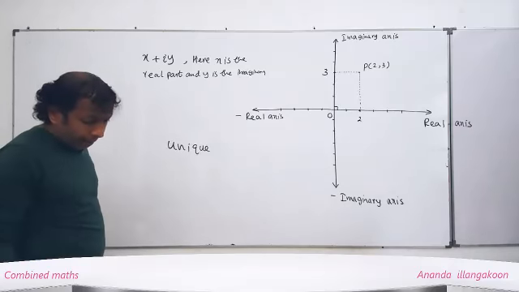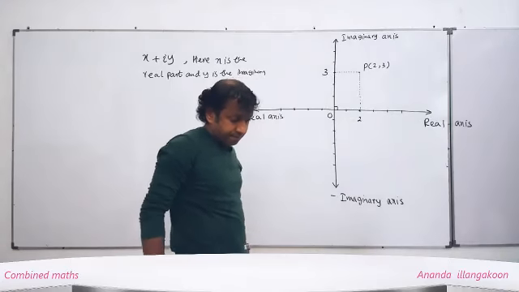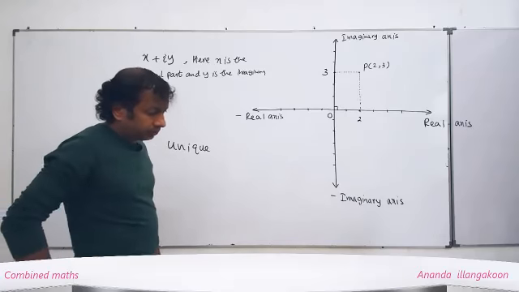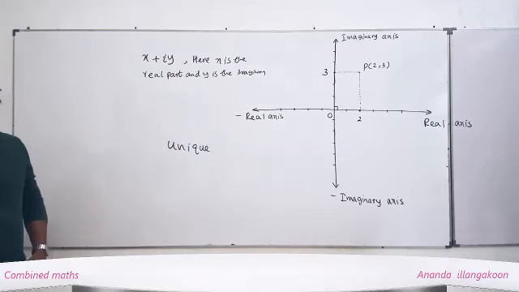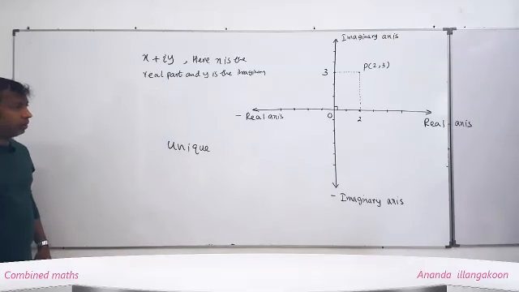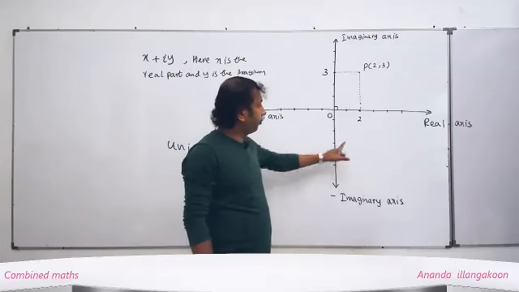Write down. Therefore, the Argand plane contains infinitely many complex numbers, and therefore it is sometimes known as the complex plane.